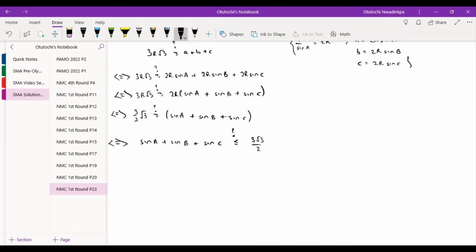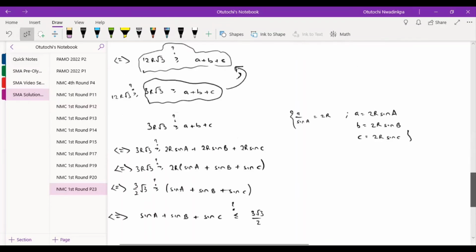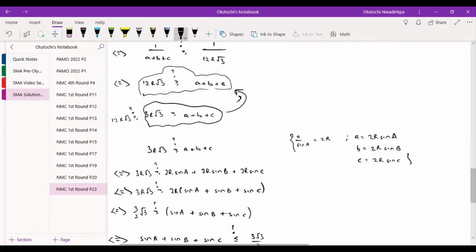So this is actually why I decided to use this instead of what the problem led us to. I decided to use this instead of this because this is actually a known lemma.